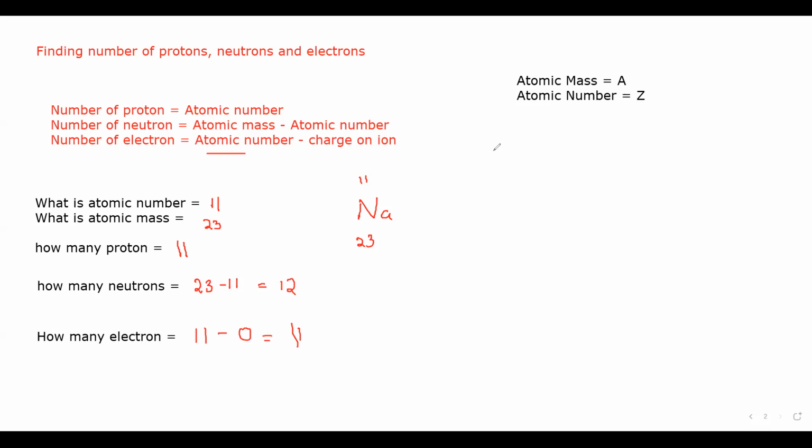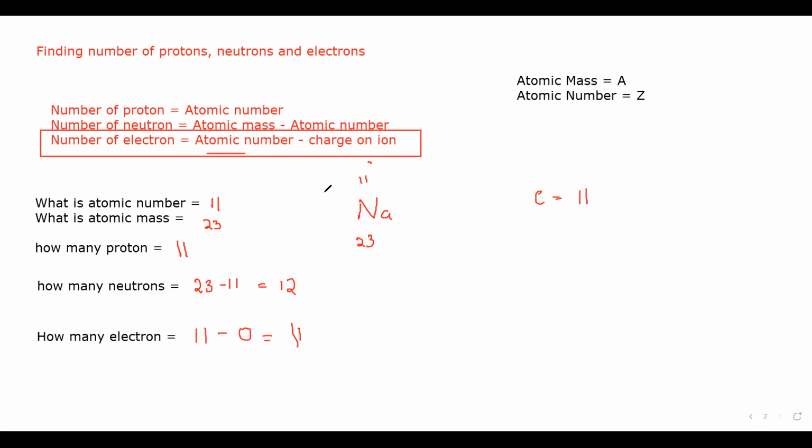How to identify the number of electrons? That's the formula to get the number of electrons: atomic number minus the charge on the ion. So what is the atomic number here? Atomic number is 11.